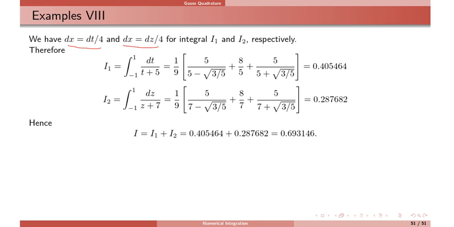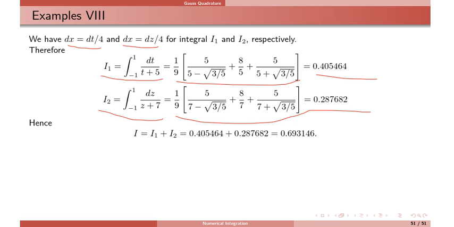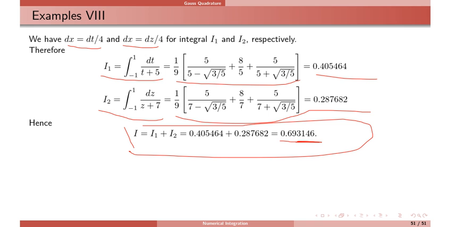So this is I1, dt by t plus 5. By the 3-point formula, the value is this. Then I2 is this, and the value is 0.287682. After adding these two integrals, you got the approximate value of the integral by using the Gauss-Legendre formula.